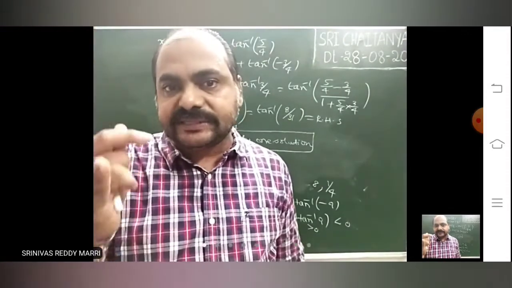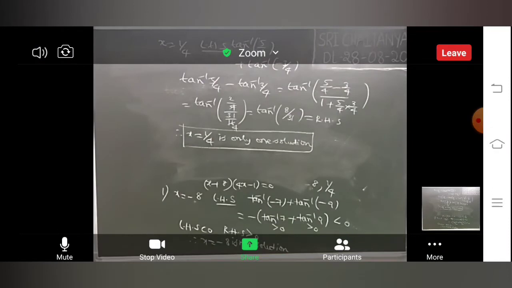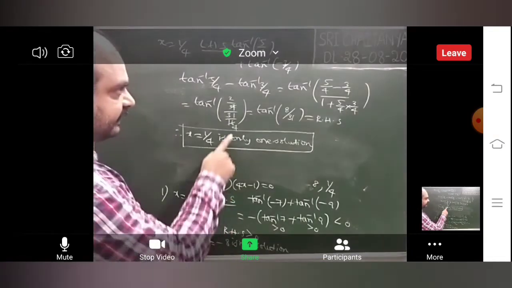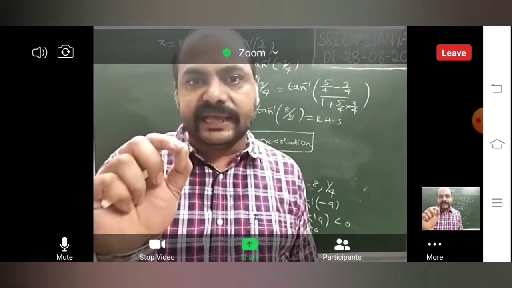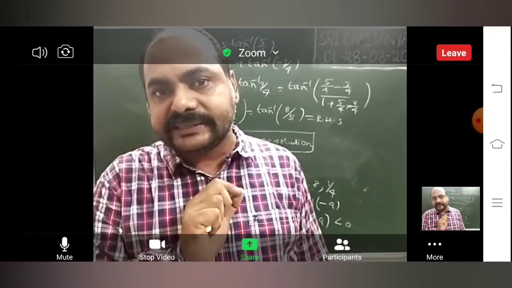So, whenever tan inverse x plus tan inverse y is there, you write the basic formula: tan inverse of x plus y divided by 1 minus xy.